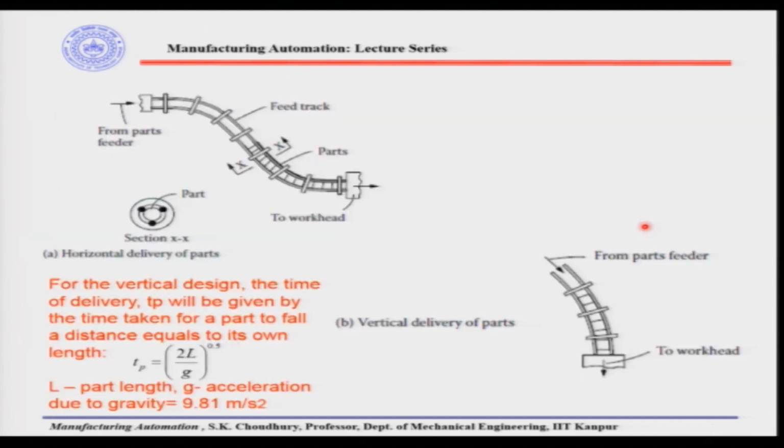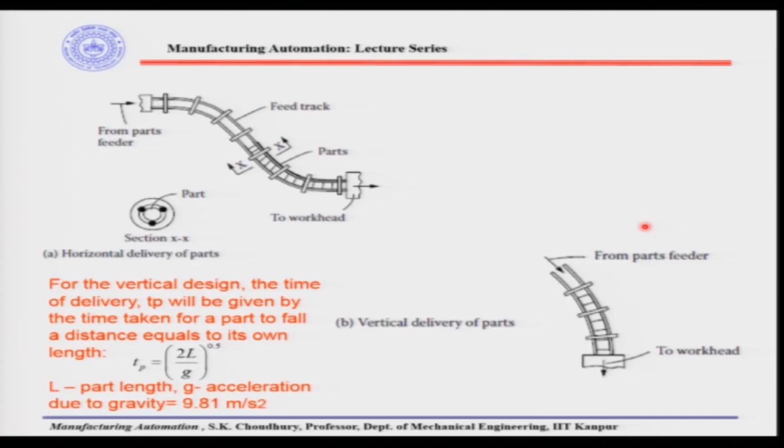Now, let us see how to design the feed tracks and what kinds of feed tracks we normally have. Feed track design is crucial, because first of all you have to find out the actual diameter or the space inside the feed track, so that the parts are not reoriented inside while going, because we have ensured that within the feed track the part is in the right orientation.